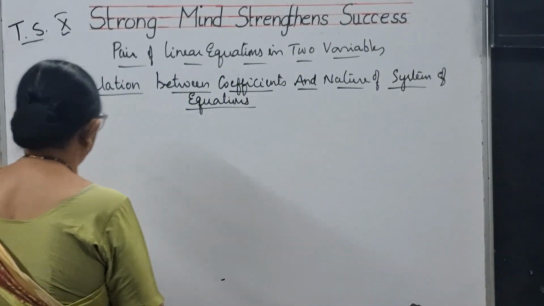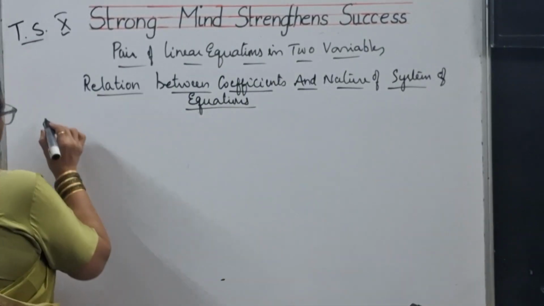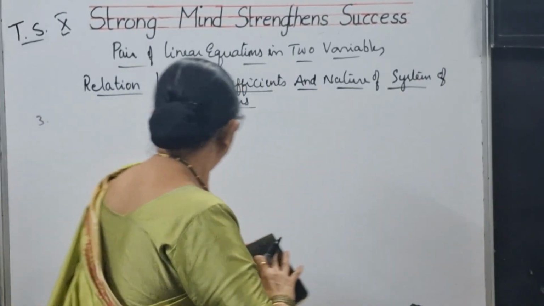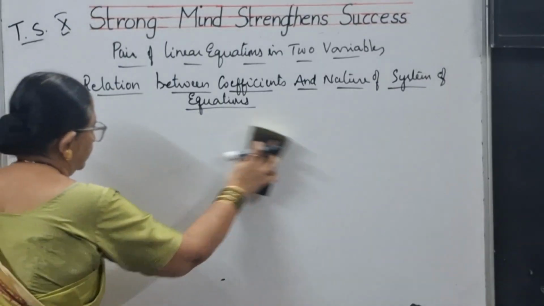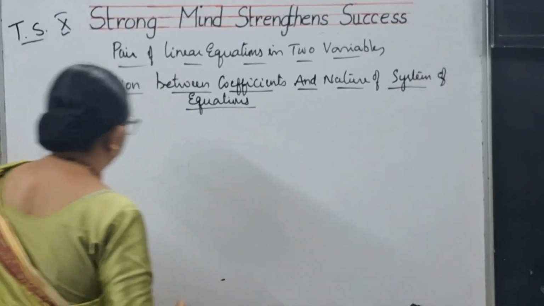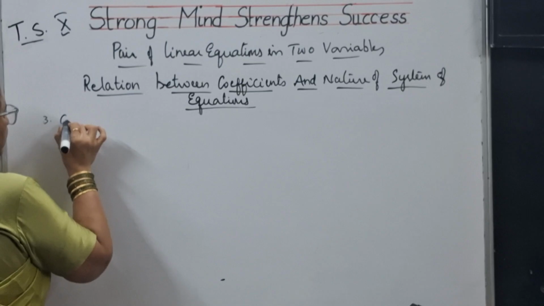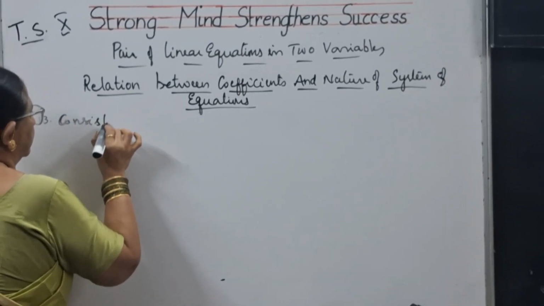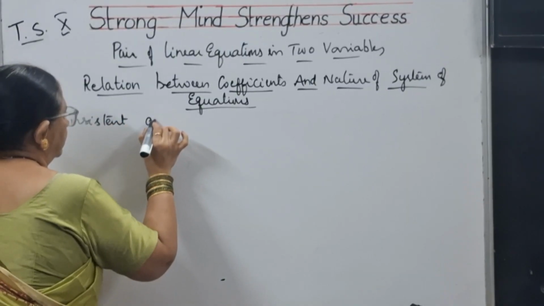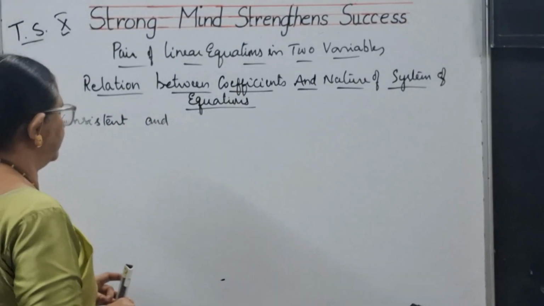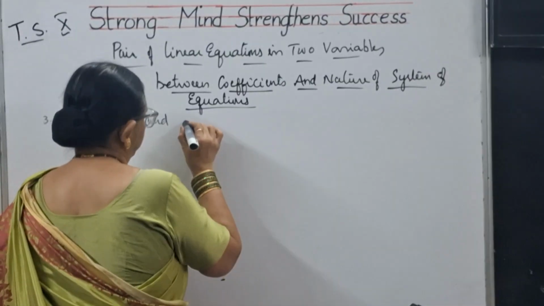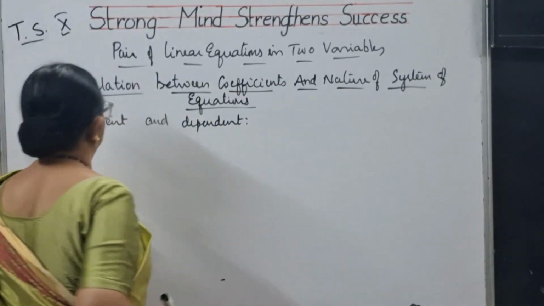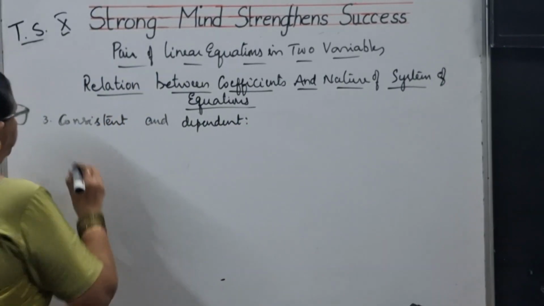Now the third variety is consistent and dependent.